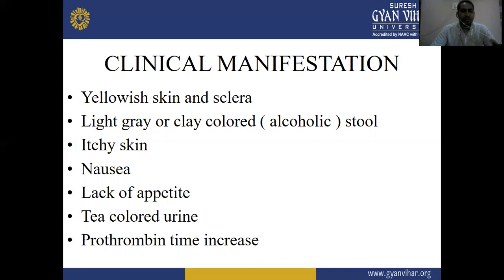And next one is tea colored urine, which shows the presence of jaundice, and prothrombin time increase.